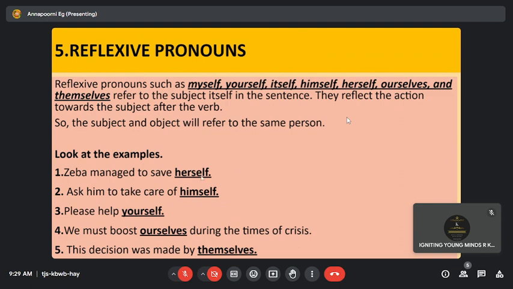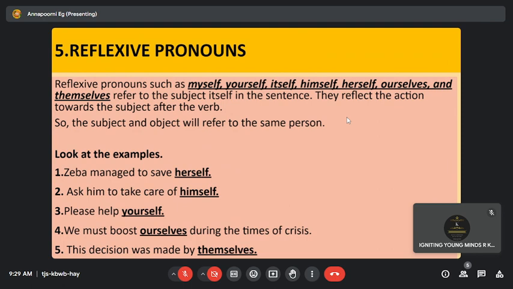We must boost ourselves during times of crisis. Crisis means any kind of calamity or difficulty in life. For example, COVID-19 was a crisis in everyone's life. Though some people were not affected with COVID. Fortunately, even I was not affected with COVID, nor my parents. But still, we all suffered the quarantine and lockdown, everything.